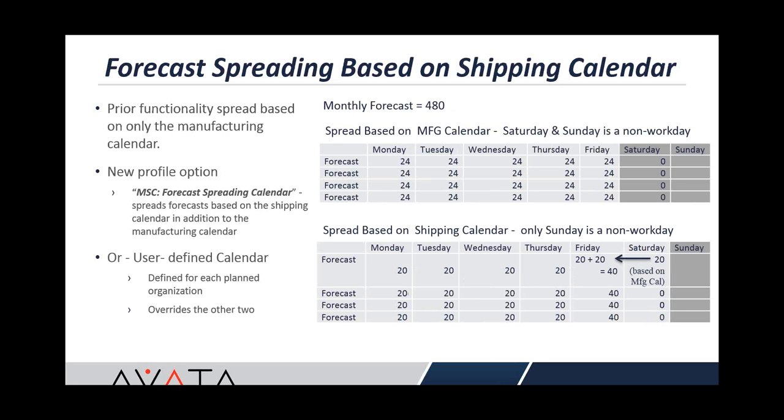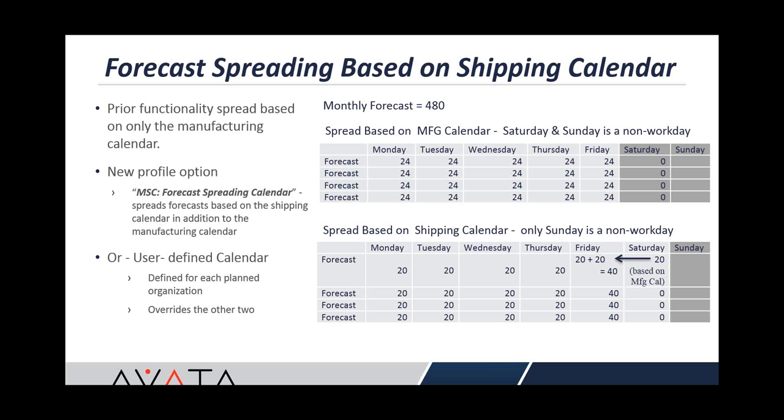There's quite a few options around forecast spreading. Historically, you've been able to spread just on your manufacturing calendar in the given organization. And so the examples that we're showing here, if you've got a 480 unit demand and you work Monday through Friday, it would spread at 24 per day. Pretty straightforward logic.